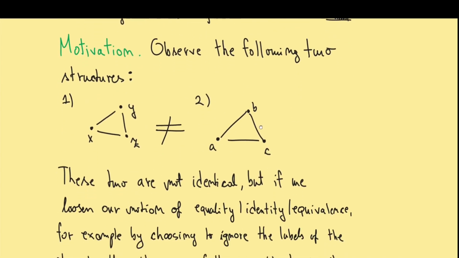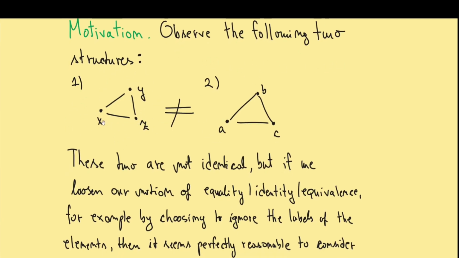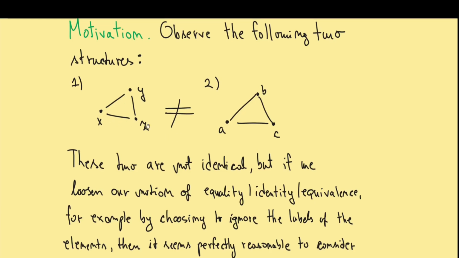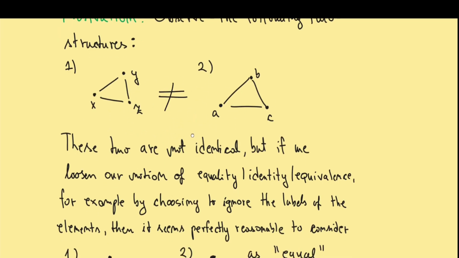And now we move on to the notion of isomorphisms. Observe the following two structures. I have this thingy over here. We got some elements, some objects, x, z, and y, and maybe they have some relations among them. And we have over here another structure with some elements a, b, c. So a is not equal to x. They're different thingies, so these two are not identical.